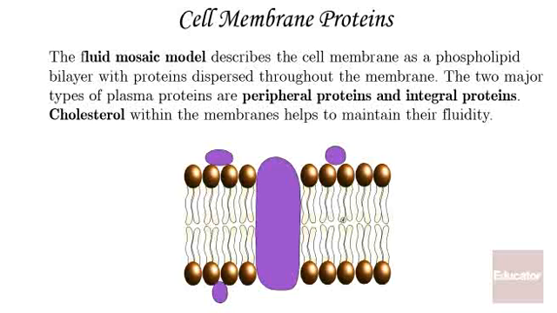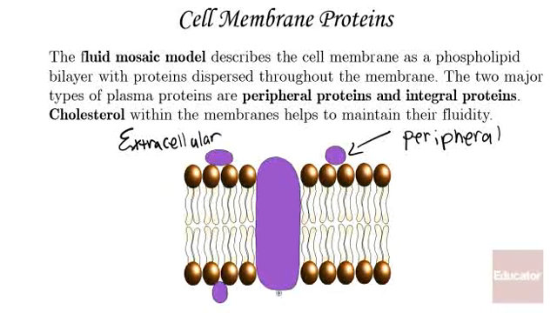There are two major types of plasma proteins, and those are peripheral proteins. Peripheral proteins are loosely associated with the membrane, either at the extracellular space, so let's say that this is the extracellular side, and that this is the intracellular or cytoplasmic side.